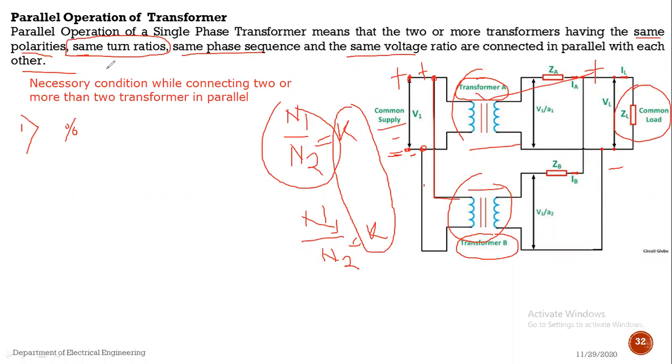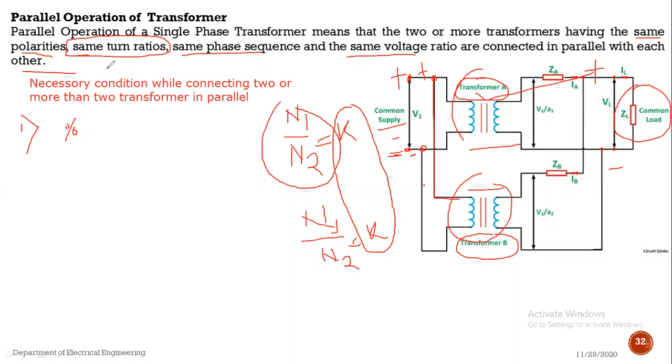Parallel operation is nothing but the primary winding of both transformers. Suppose we are connecting two or more than two transformers, then the primary winding of these transformers is connected to the common supply voltage, and the secondary winding of these transformers is connected to a common load. When they are connected to a common supply and a common load, then we can call it that these two or more than two transformers are operating in parallel. Okay, so what necessary conditions were stated?